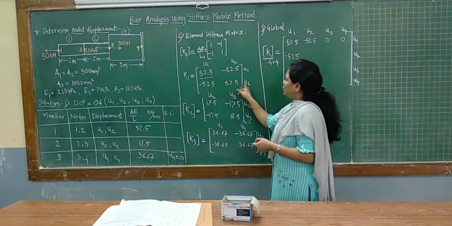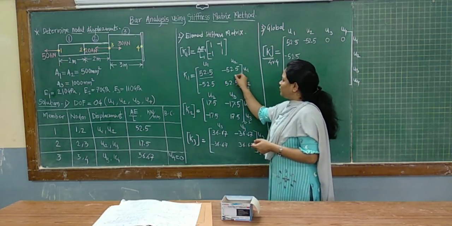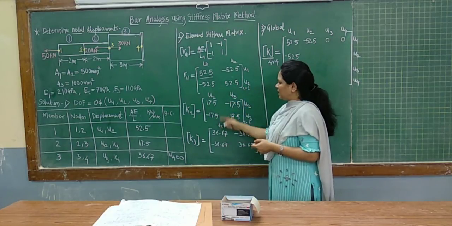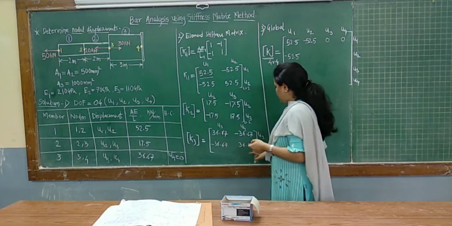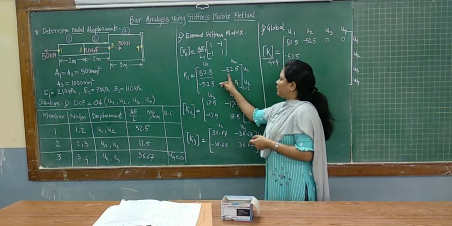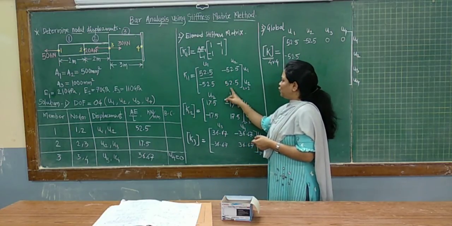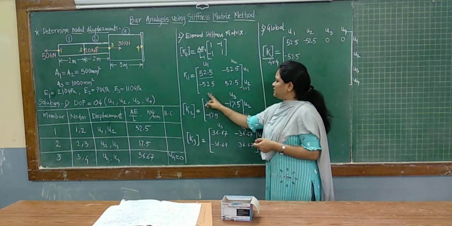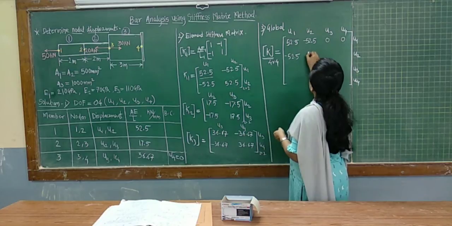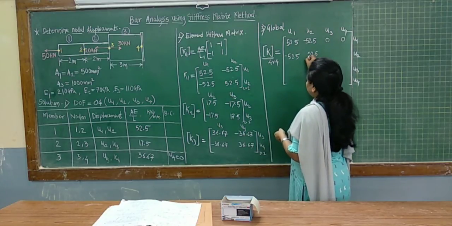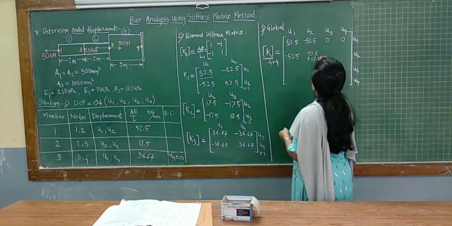Next in U2, U2. So U2, U2, that is here this 52.5. Also you can search in the next one, U2, U2. Then here there is no such element. So from the first K1, this element U2, U2 is 52.5 and from K2 this U2, U2 is 17.5. So you have to add those elements algebraically.